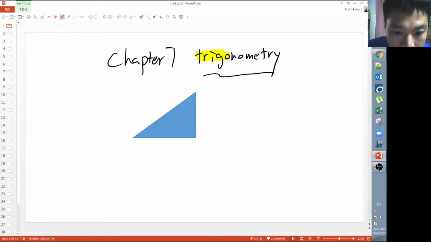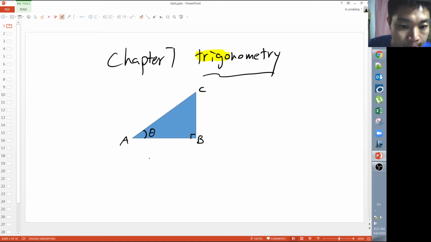All right, so this is your right angle triangle. Okay, and let me label the triangle first. So let me call this my triangle ABC, and you have this angle theta.